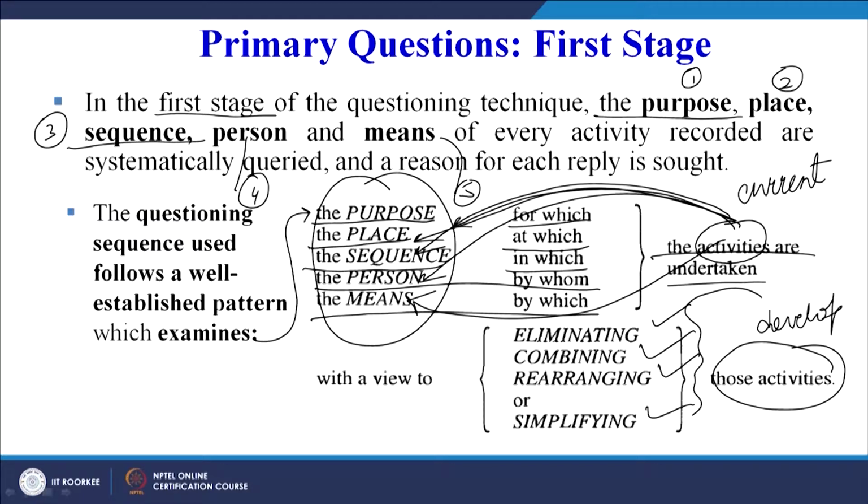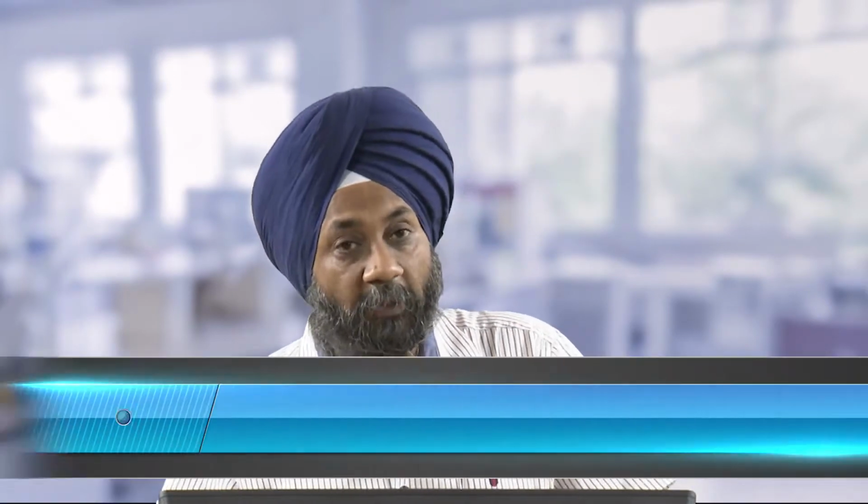So we can see that for each and every activity we will subject it to a variety of questions related to the purpose of the work, the place where it is being done, the sequence in which it is being done, the person who is responsible for doing it, and the means or the mechanism or the technique by which the work is being done.